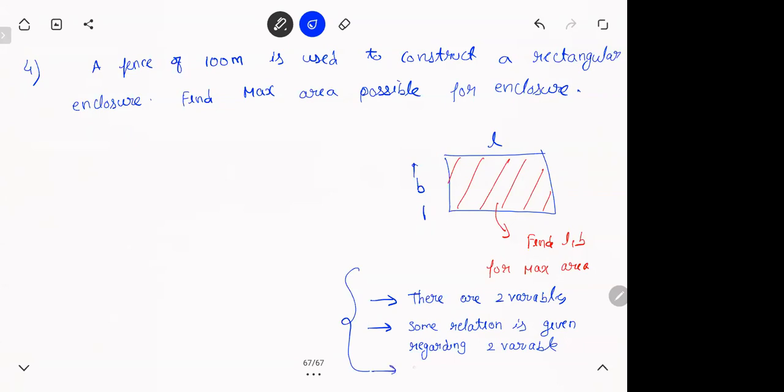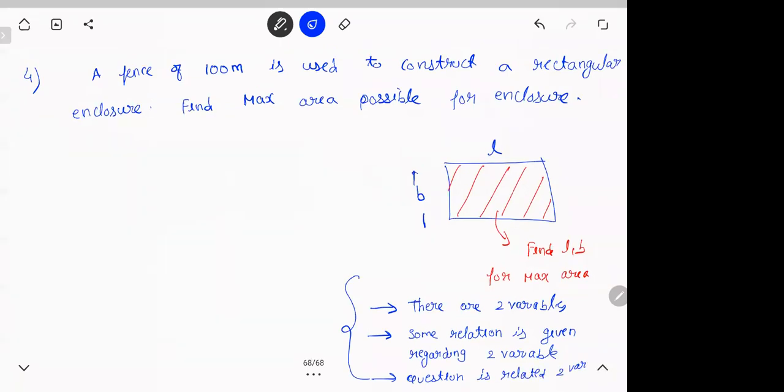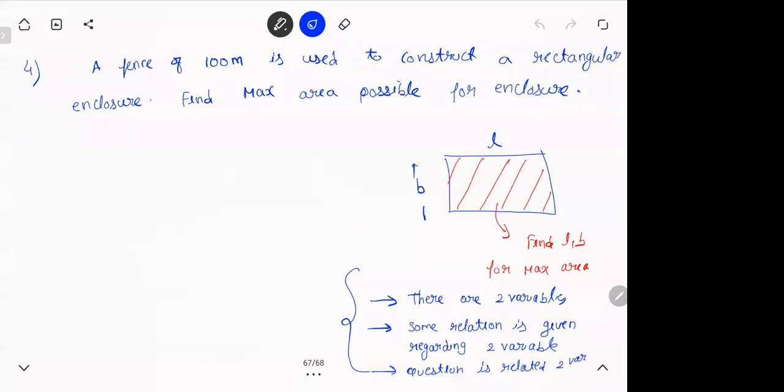And they'll ask you something related to the same variables. Let me show you this. Next one you can try.